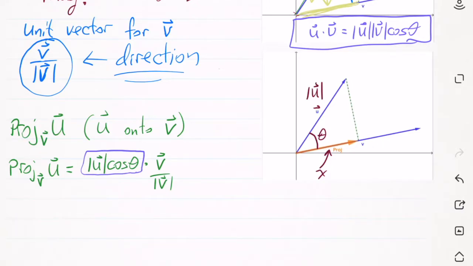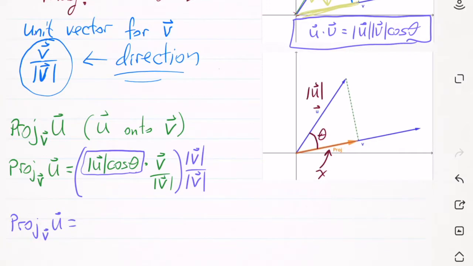So if I multiply that by the magnitude of v, I'd have to also multiply the bottom by the magnitude of v. So I'm going to take this whole thing and multiply top and bottom by the magnitude of v, so I can introduce a dot product. So then that becomes the projection of u onto v is equal to.